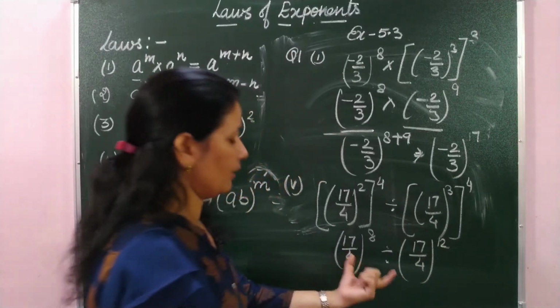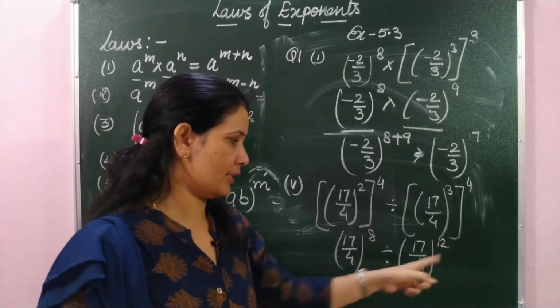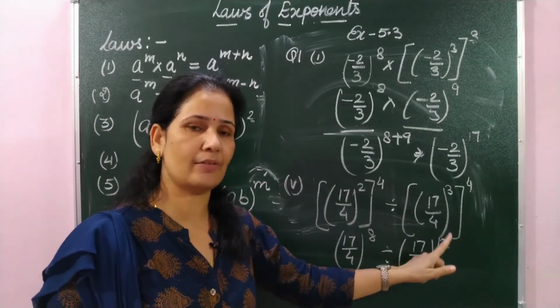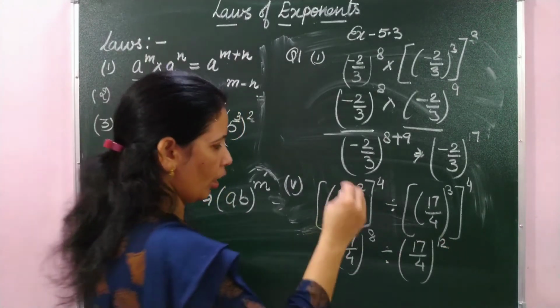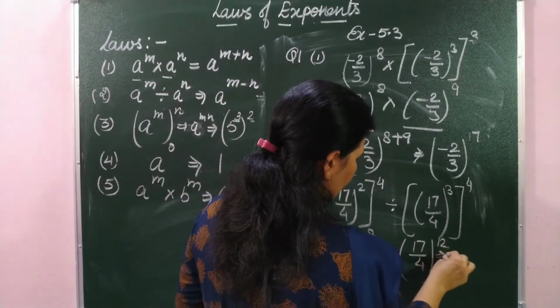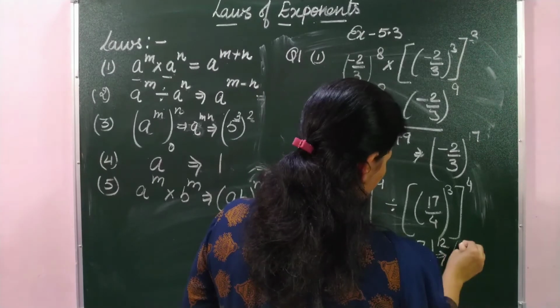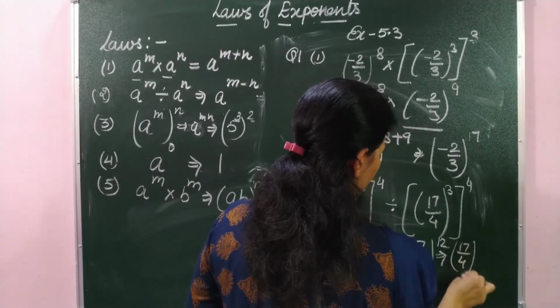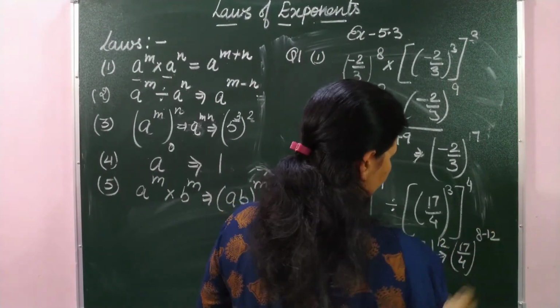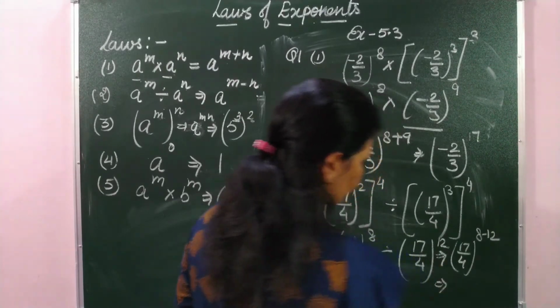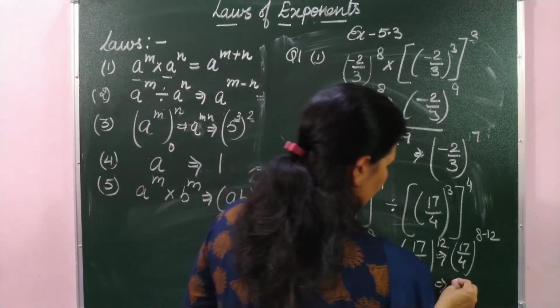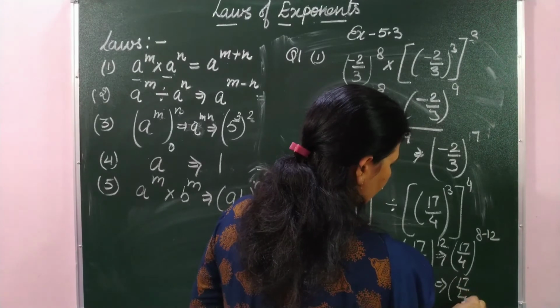Now students, this becomes a type of question where the divisor's power is more. So how to do this one? 17 by 4, 8 minus 12. That means if we solve it, 17 by 4 to the power minus 4.